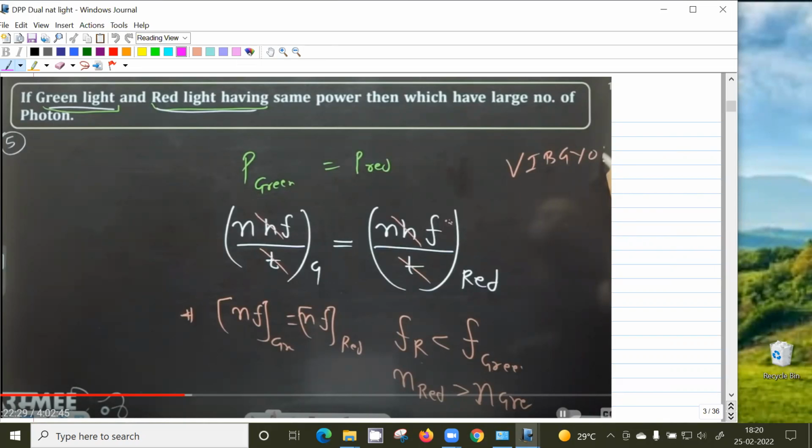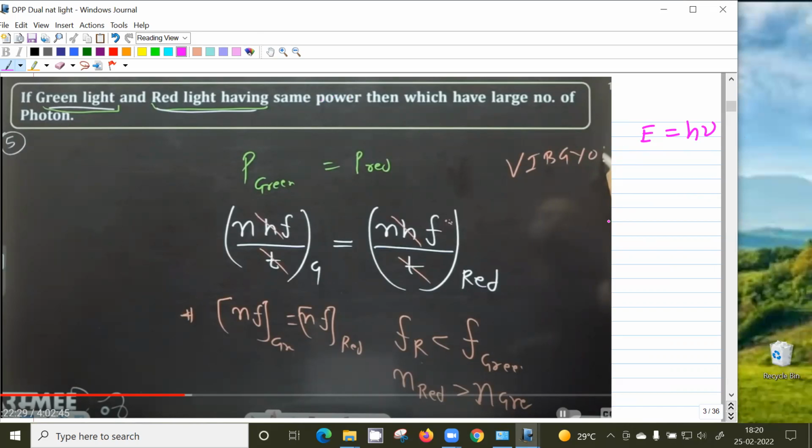No, energy is h nu, no? Yes, sir. Red has more wavelength, not more frequency. More wavelength, so there's less scattering. So energy is h nu.